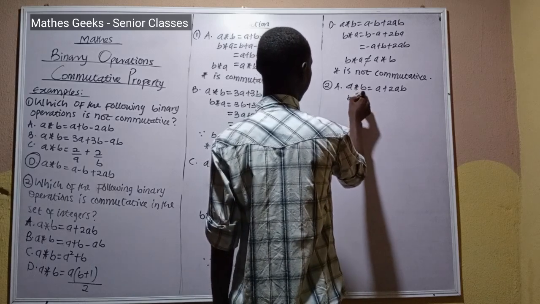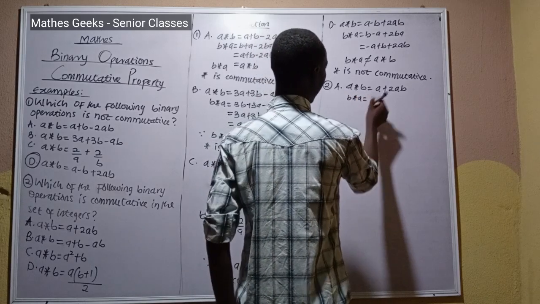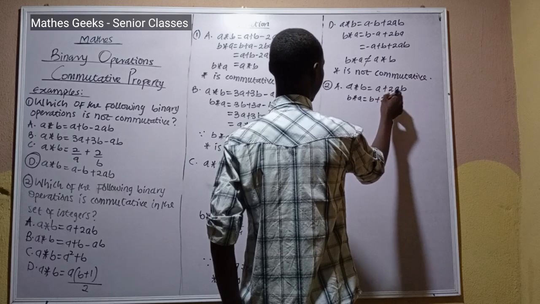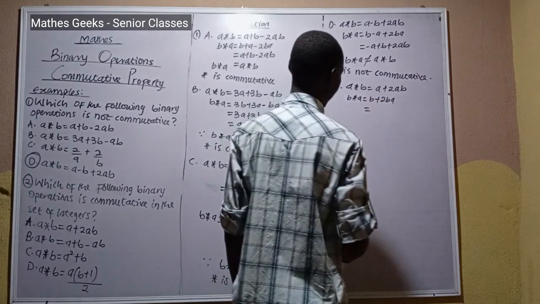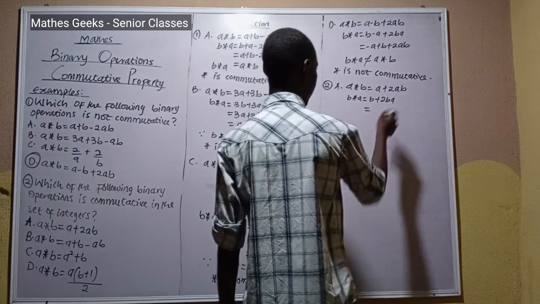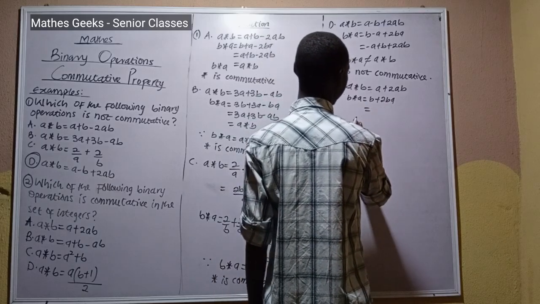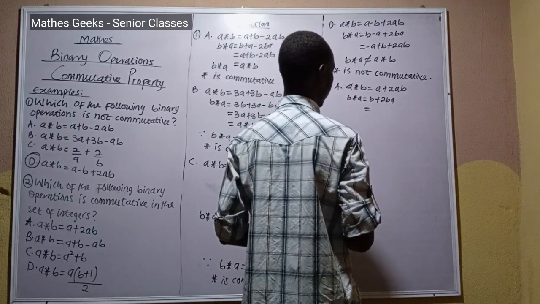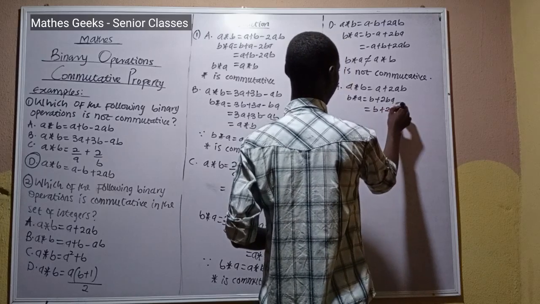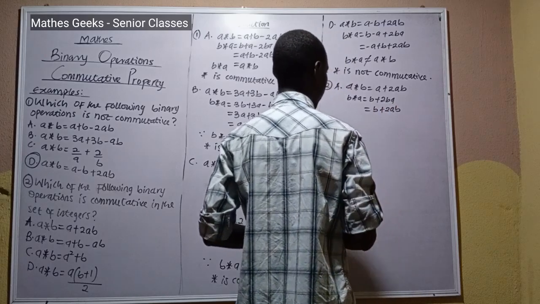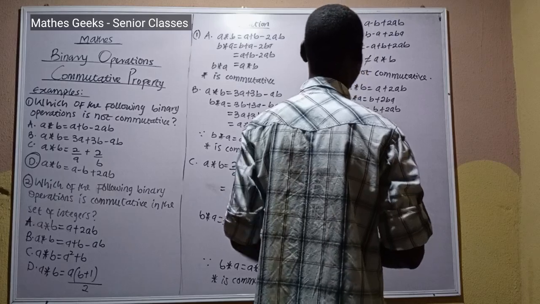b star a is equal to b plus 2ab. If you go by alphabetical arrangement of letters, b, a, b comes first, so b plus 2ab. Alright, so let's see.